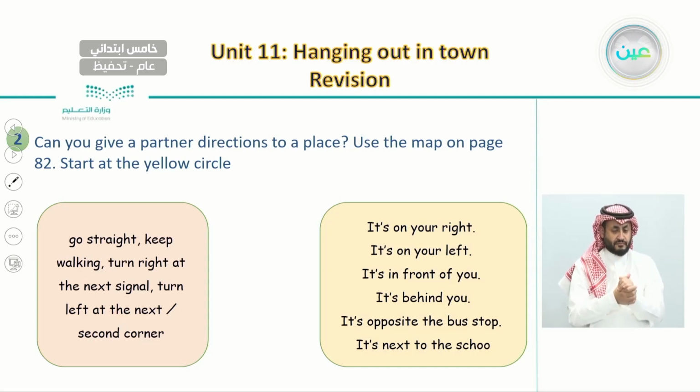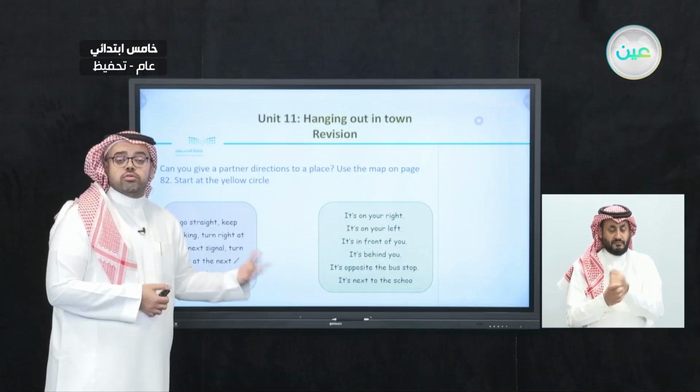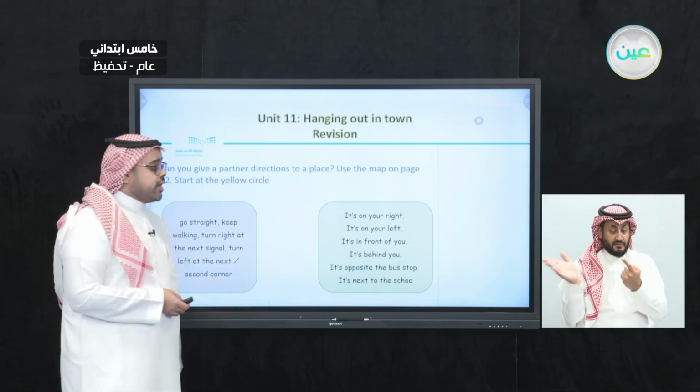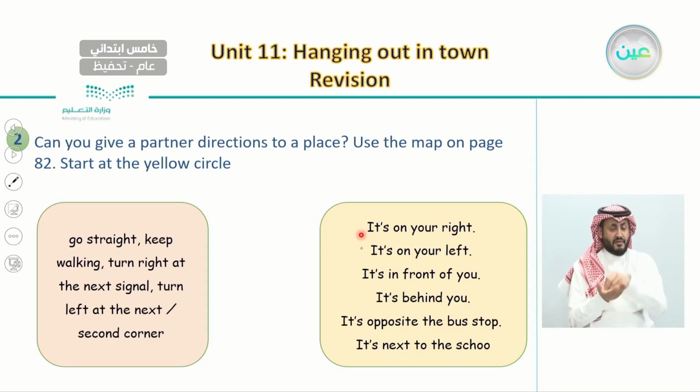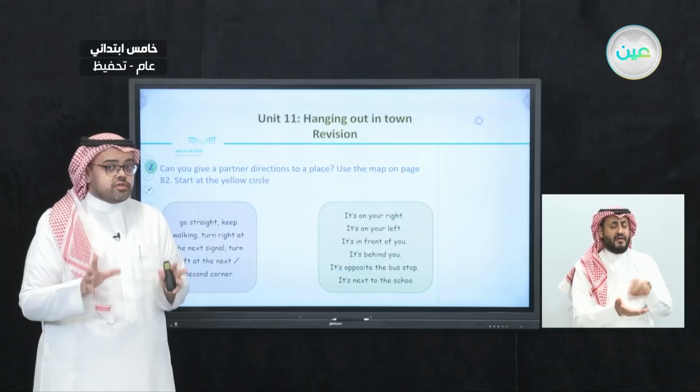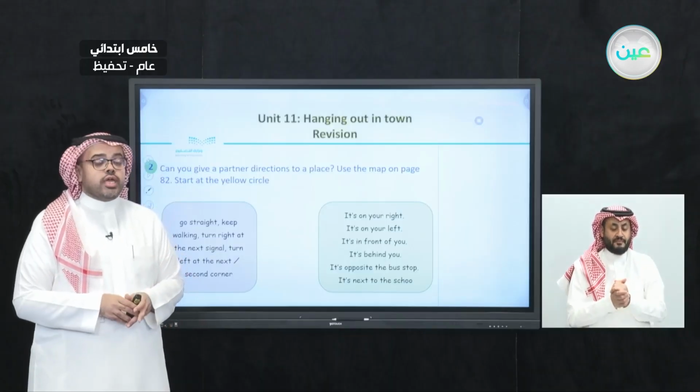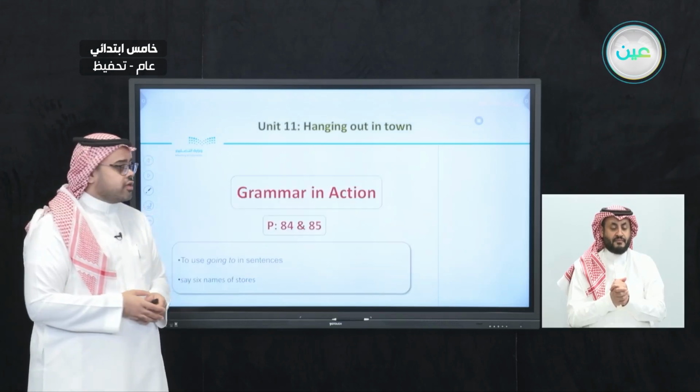And also other phrases that we did learn that you can use to talk about directions, like the place is on your right, or on your left, or in front of you, or behind you, or it is opposite the bus stop.